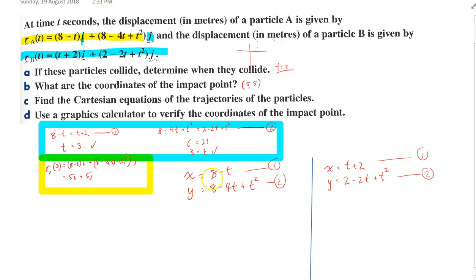So t is going to be equal to 8 minus x. So I can sub in 8 minus x for t in equation 2. So y equals 8 minus 4 times (8 minus x) plus (8 minus x) squared.